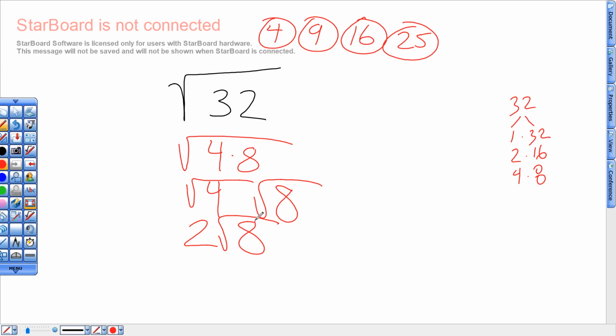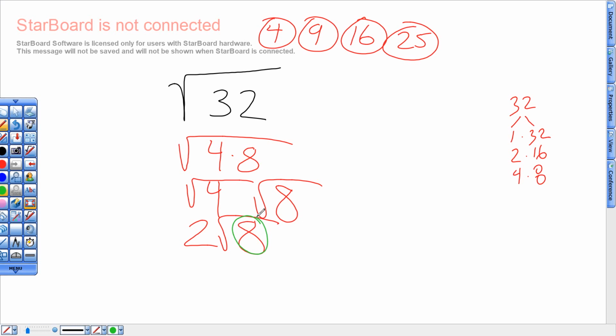Can you break down 8 anymore? So for a problem like this, if you were to take out a 4, you're left with a number at the end that still would have to be broken down.